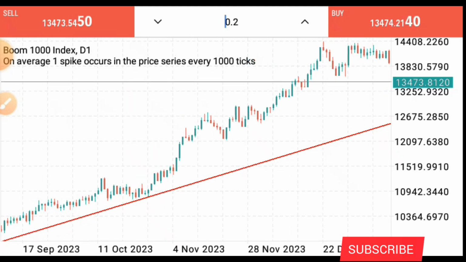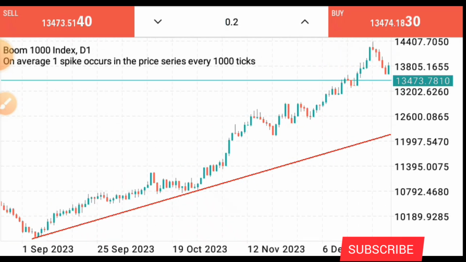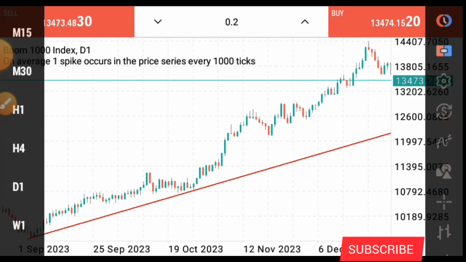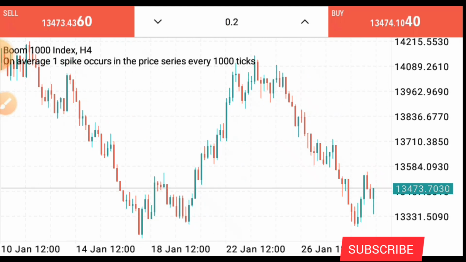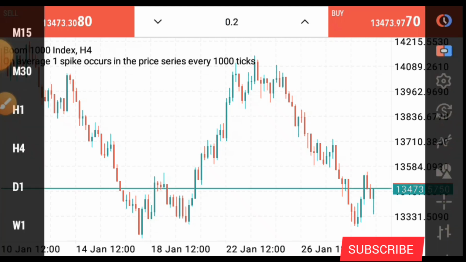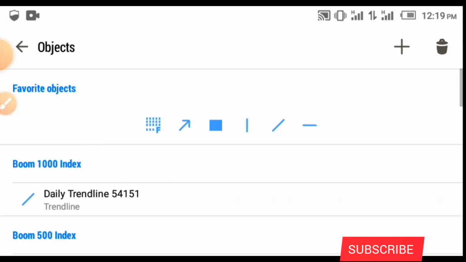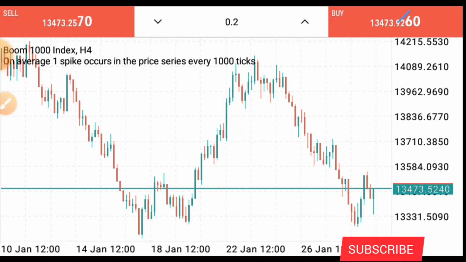Now I will go down to the 4 hour time frame. Here on the 4 hour time frame, you can see that we are currently in a downtrend, based on what I can see here.